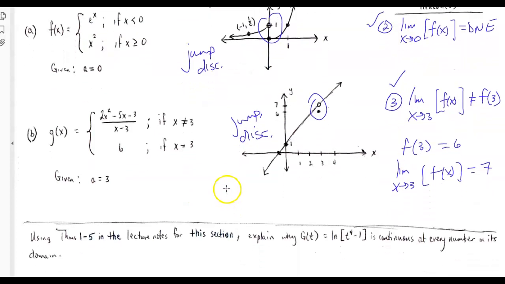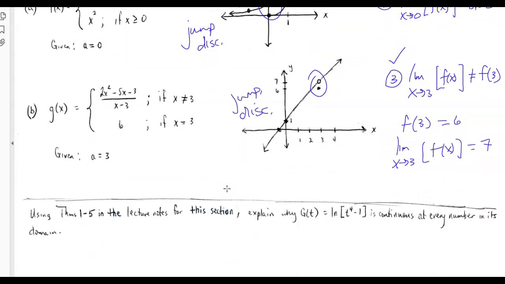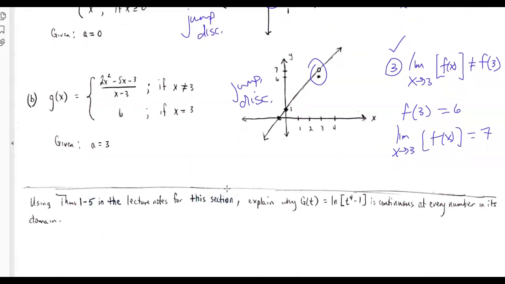All right, so let's look at this last example on this page. We want to use the theorems that we talked about earlier in these lecture notes to explain why our function g of t, which is natural log of t to the fourth minus 1, is continuous at every number in its domain.